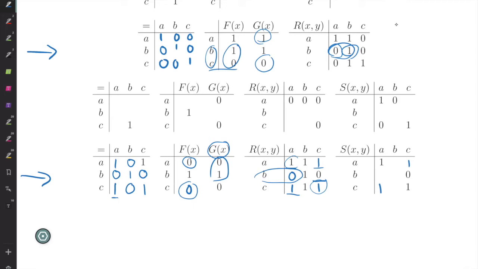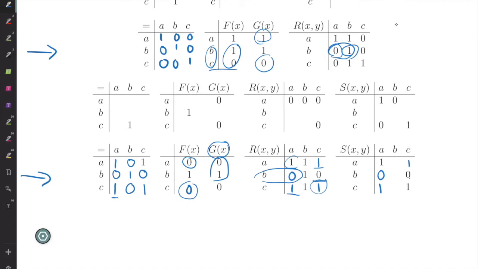Now, do I know anything about these rows with B in it? Well, I've got that SBC is false, and since I know that C is the same as A, that means that SBA should also be false. And do I know anything about SAB or SBB or SCB?